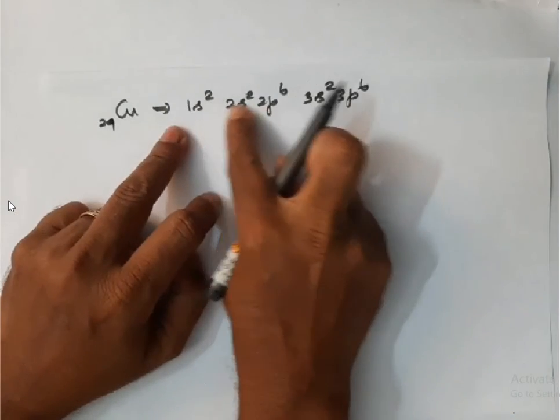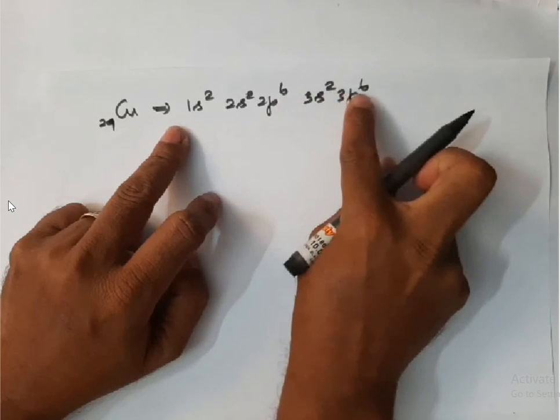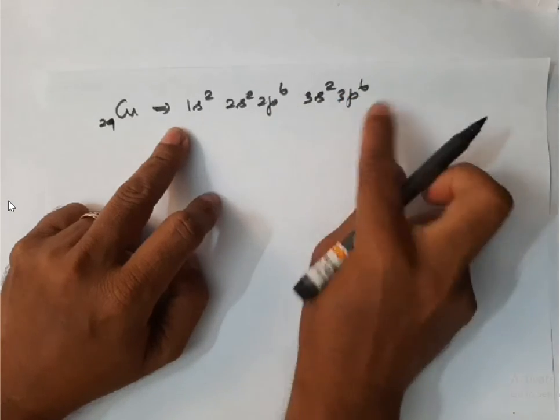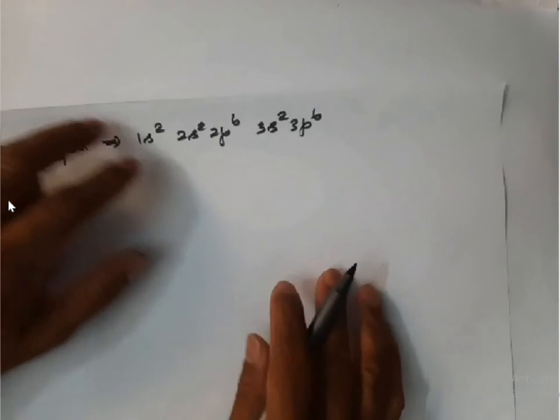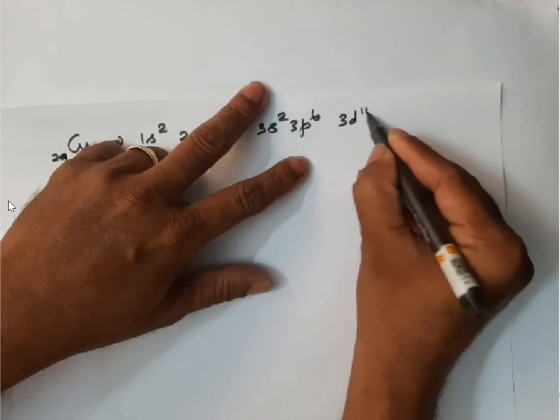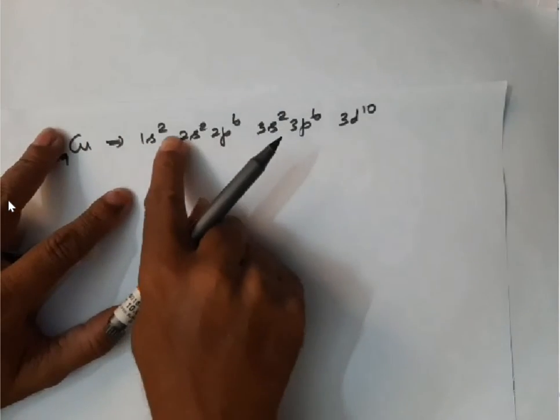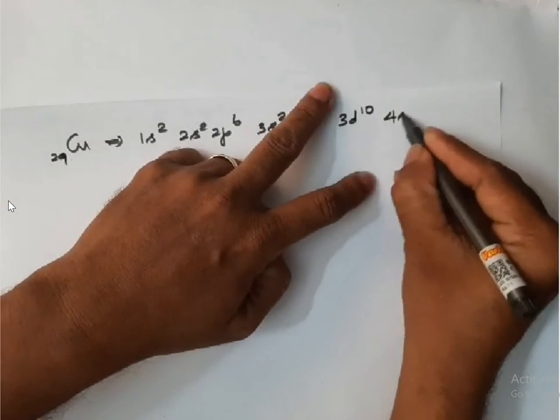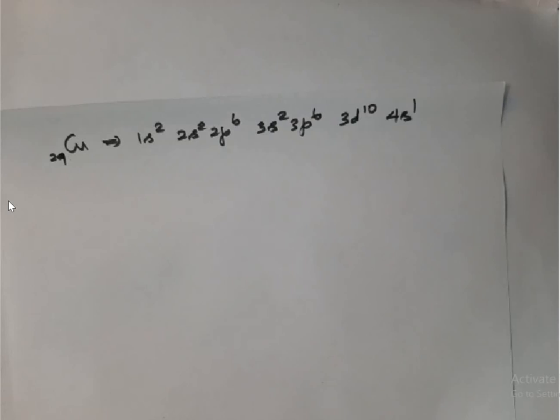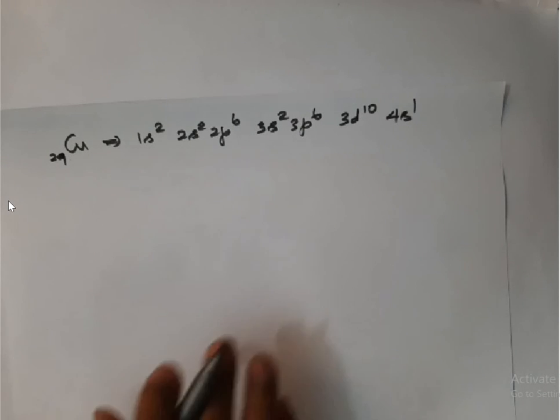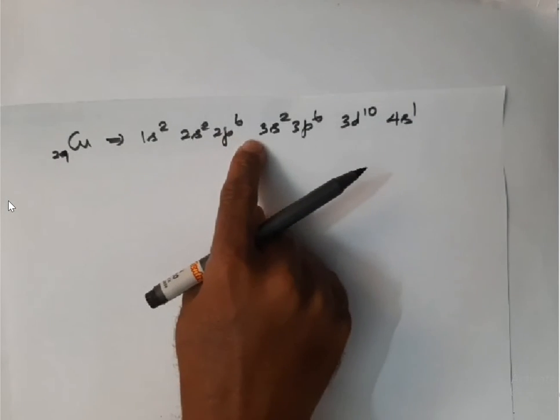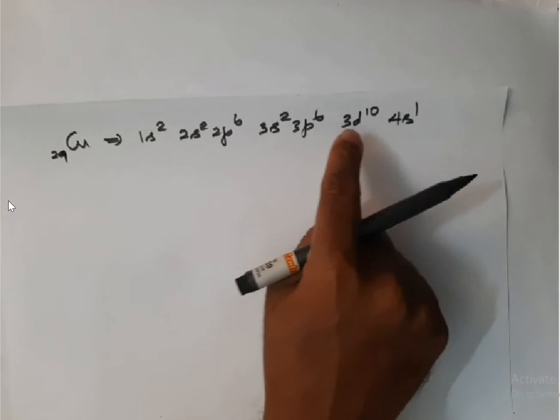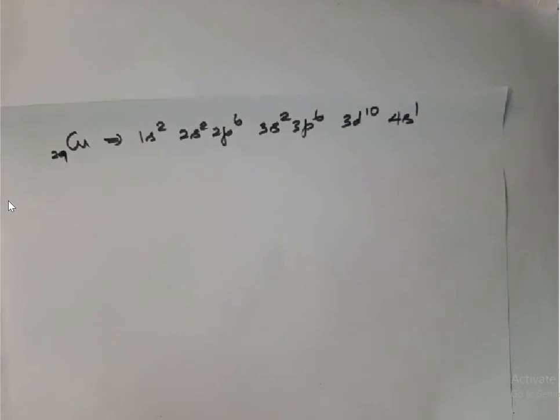So here we have 10 electrons, here we have 8 electrons, so a total of 18 is over. Then 3d10, here we have 28 now, and 4s1. This is the electronic configuration of copper: 1s2, 2s2, 2p6, 3s2, 3p6, 3d10, 4s1.